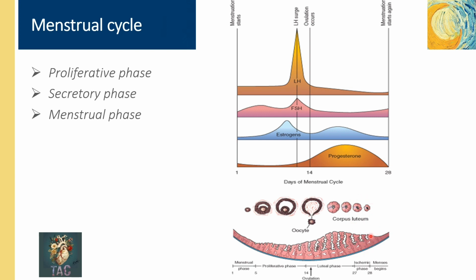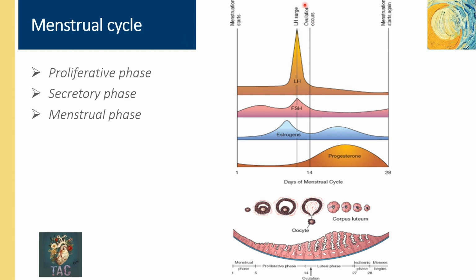progesterone hormone. As a result of this withdrawal, there is a period of 1 to 2 days of ischemic changes in the endometrium, in which the blood vessels show a period of ischemia, and as a result of ischemia, the endometrium becomes paler and starts to slough off, and then the menstrual phase starts, which is the third phase of the menstrual cycle.